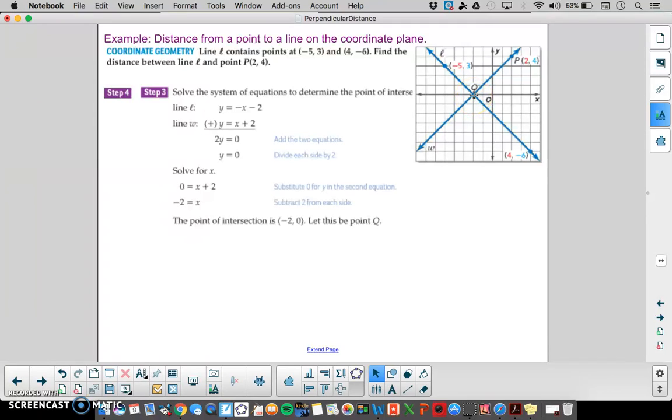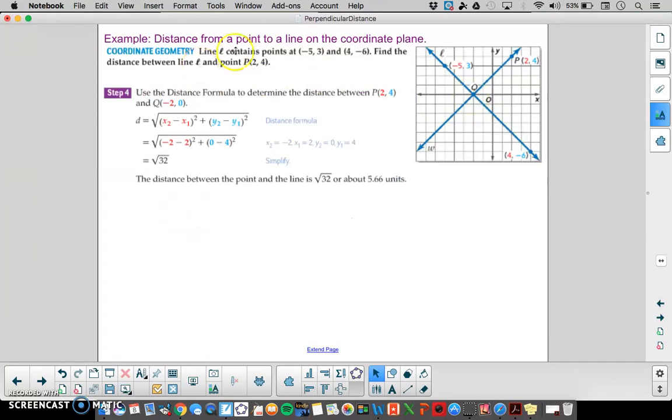Now our original goal was to find the distance between point P and line L. We now have the point of intersection of that perpendicular distance that we needed. So now I can just find the distance between point P and that intersection point Q. Using the distance formula between P (2, 4) and Q (-2, 0), I can find that the distance is the square root of 32.